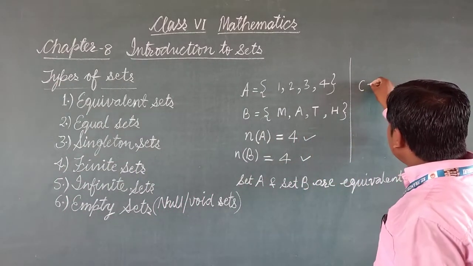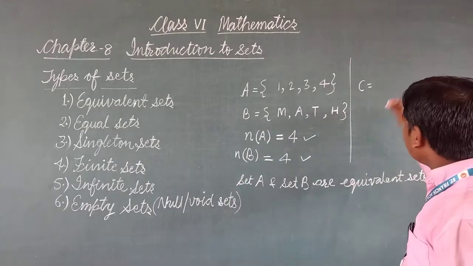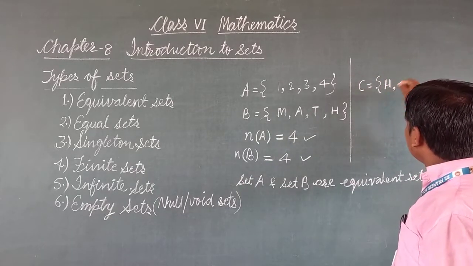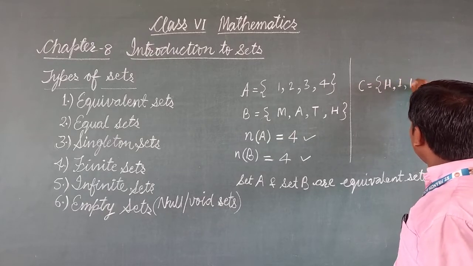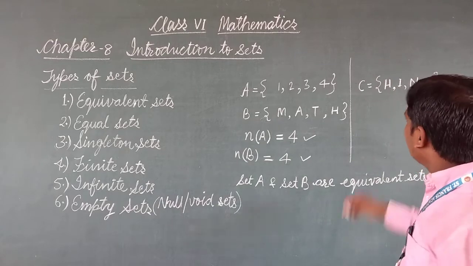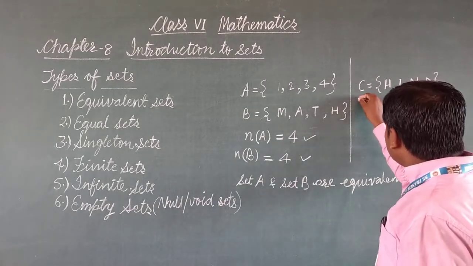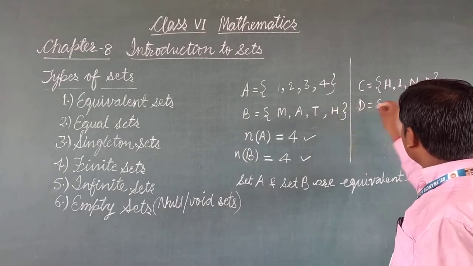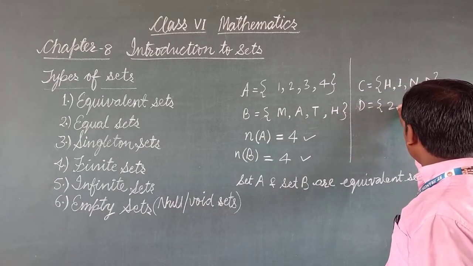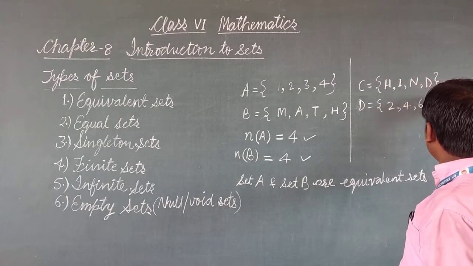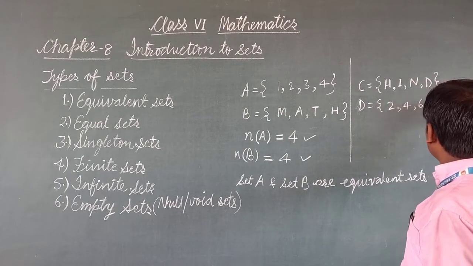Set C is H, I and D, and set D is 2, 4, 6, 8, 10.